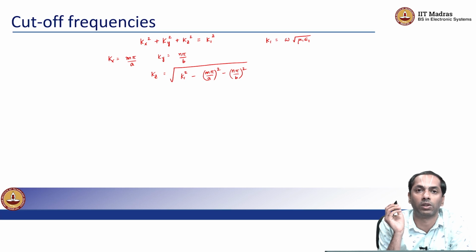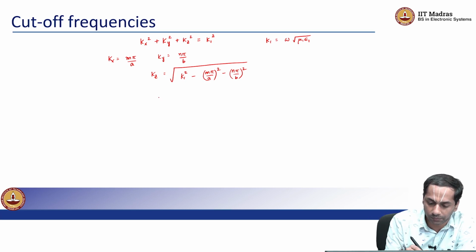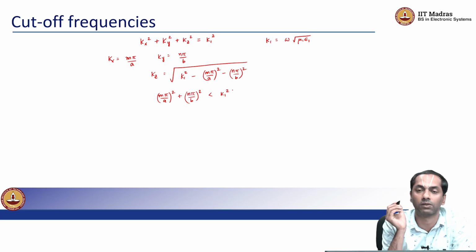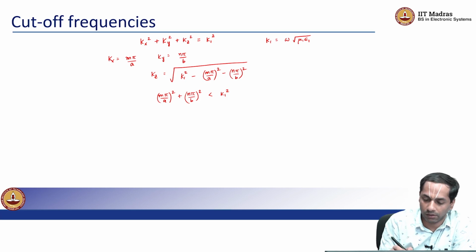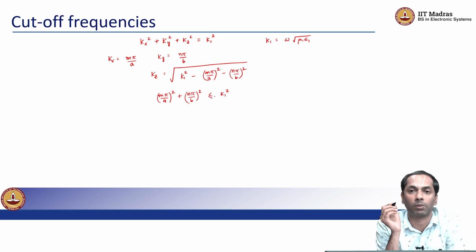Okay. So in order for us to have a propagating wave, this kz has to be real, which means to say that the terms that are subtracting, which is kx squared plus ky squared, better be less than k1 squared, or the term underneath the square root has to be greater than 0, right. That is the condition for having a propagating mode, right.